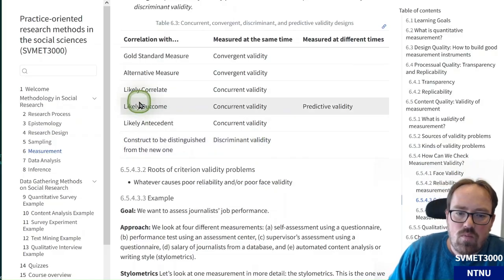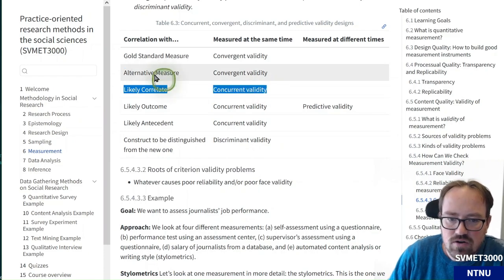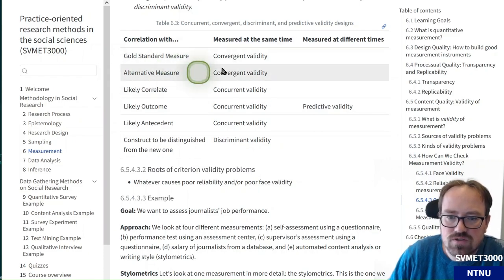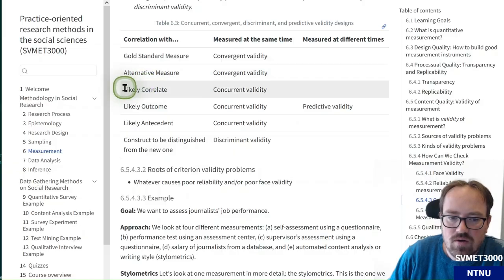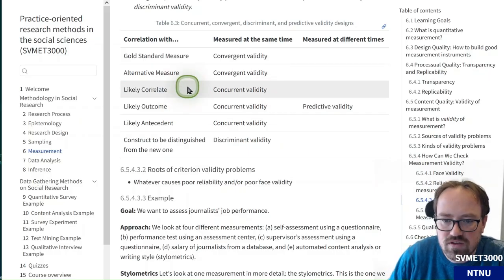However, when we think that things are correlated, so they are not different measures of the same construct, but they are just correlated empirically. They are two distinct constructs that, however, have something to do with each other.